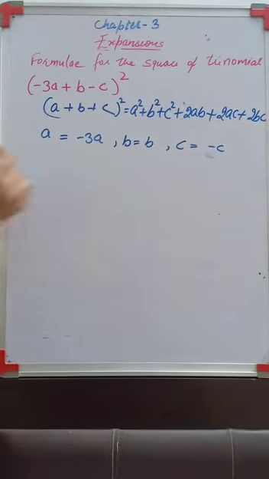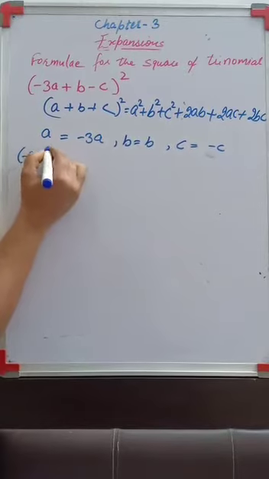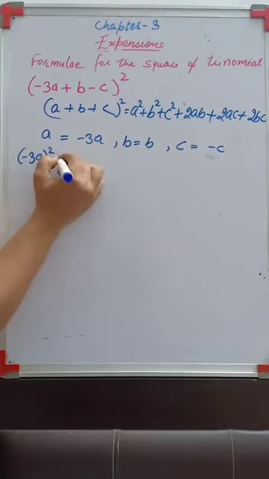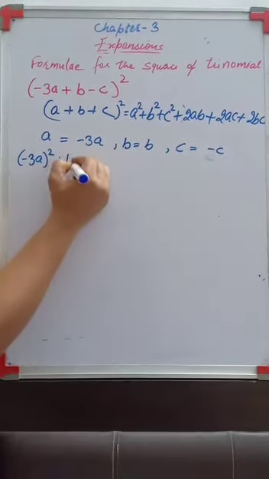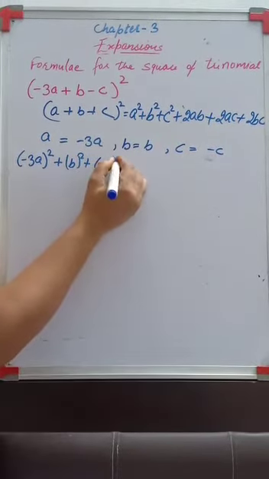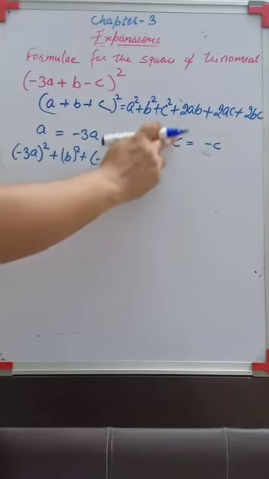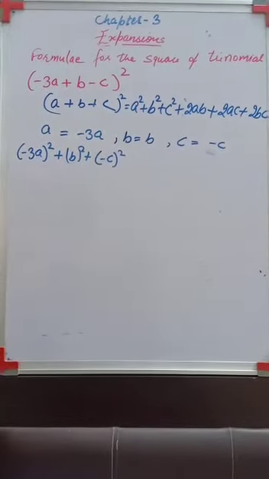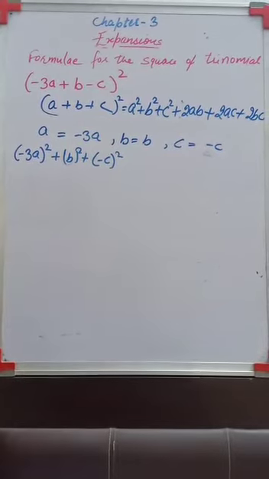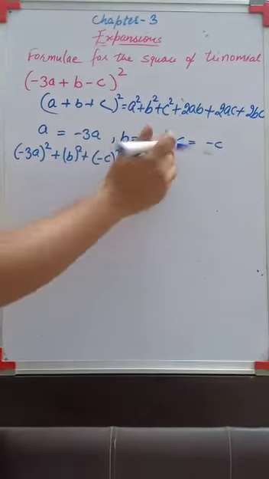You will get a square, a square means to say what? (Minus 3a) square plus b square plus c square, that means (minus c) square. Why have I taken the values over there? So that whenever you are putting the terms in the equation, you should not get confused with the minus sign. Just put the values what you have assumed, right?